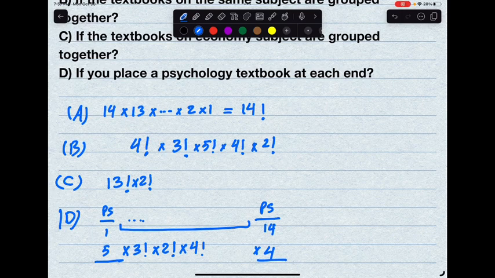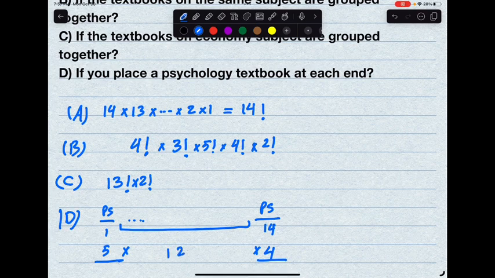So actually here, instead of multiplying by subject, we can just say we already used 2 books for each end, left and right. So we have only 12 books. Now we multiply it by 12 here.